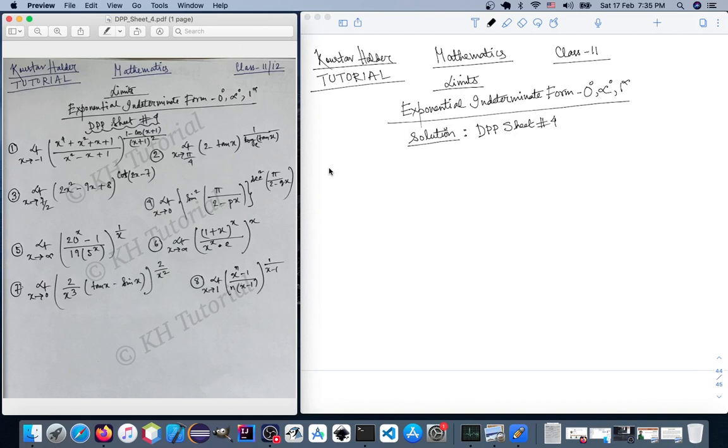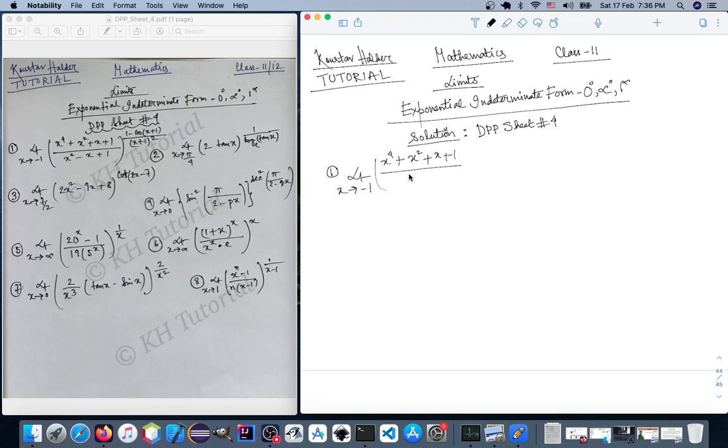The first problem says: limit x tending to minus 1 of (x to the power 4 plus x square plus x plus 1 divided by x square minus x plus 1) whole to the power (1 minus cos of (x plus 1)) divided by (x plus 1) whole square.